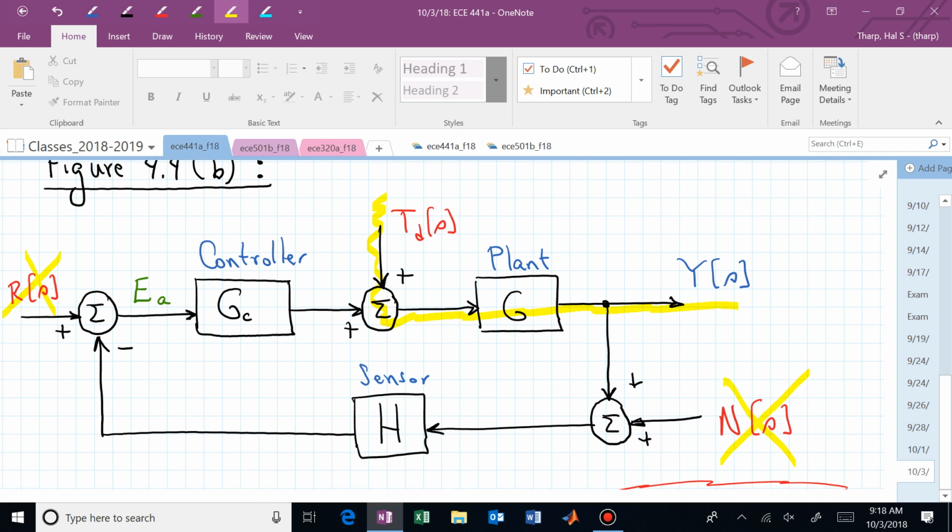Because on exam 2, you might have to just be second nature using Mason's gain to find transfer functions, and then you have to do sensitivity once you found the transfer function. So how do we apply Mason's gain to find this transfer function between t sub d, the disturbance, and the output y? What do we need from Mason's gain?